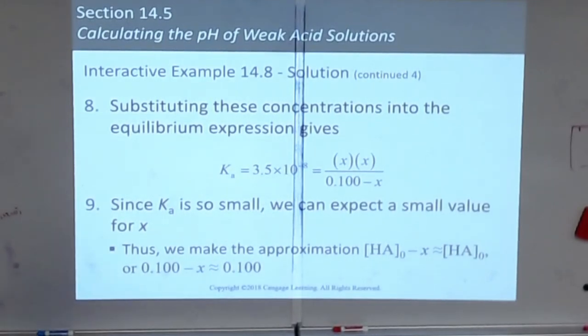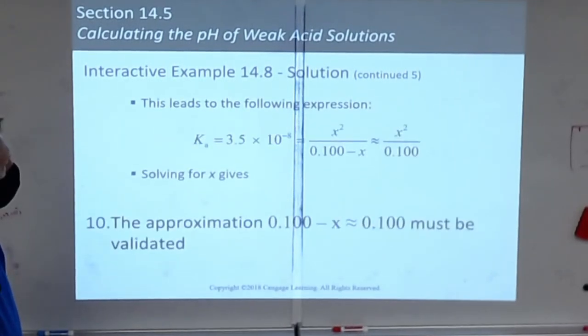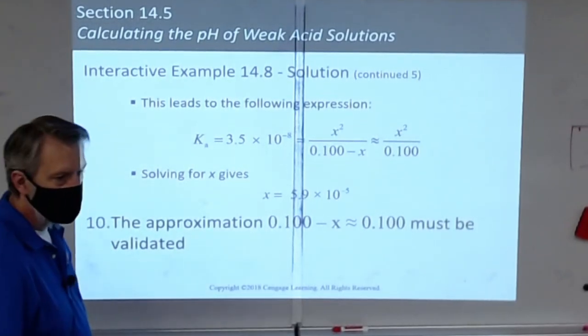All right. We good here? Okay. So we found that X is 5.9 times 10 to the minus fifth. That's my hydrogen ion concentration.